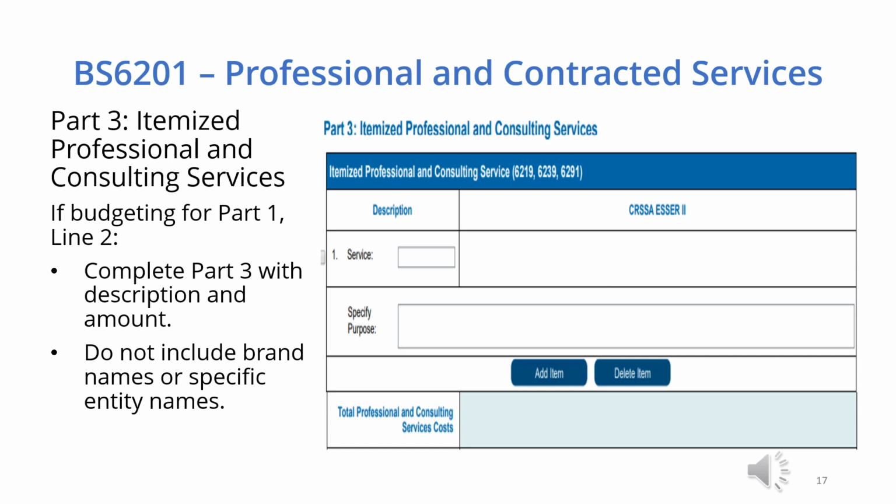Do not enter specific entity names or brand names, or you will need to submit an amendment if you later decide to use a different brand. Use the Add Item button to add more lines or delete item to remove them if needed. The system will total the items entered in this section and validate it against the dollar amount you entered in Part 1, Line 2.